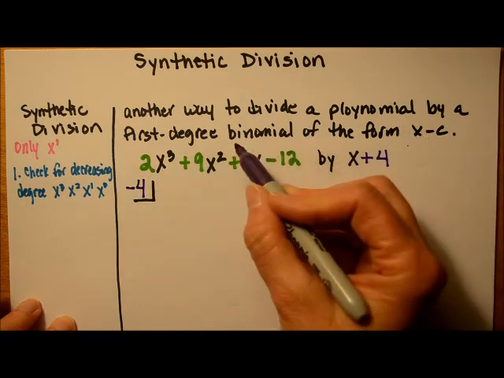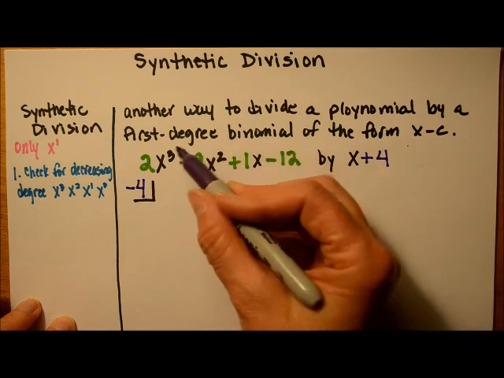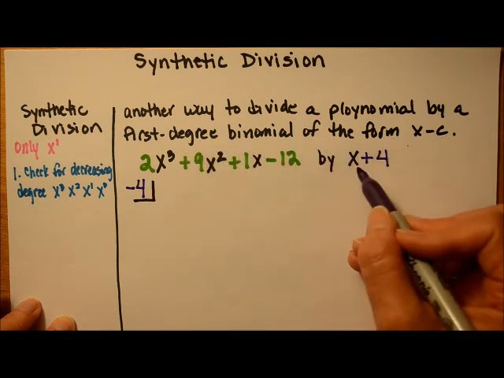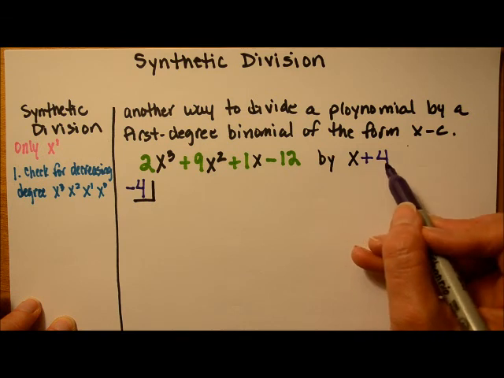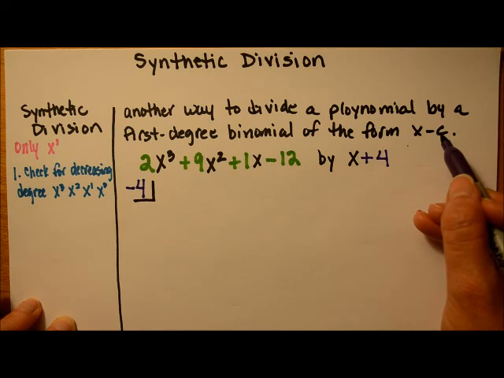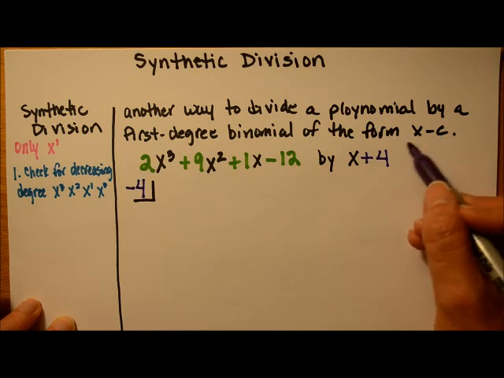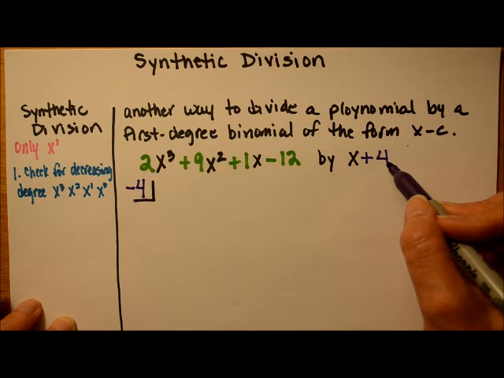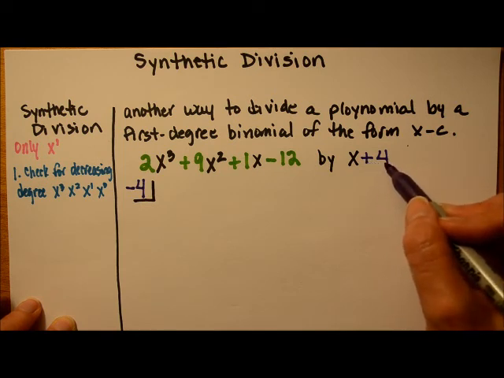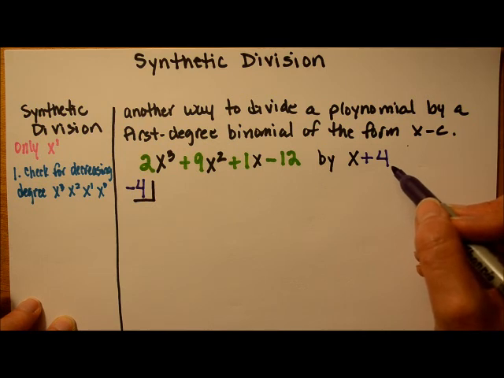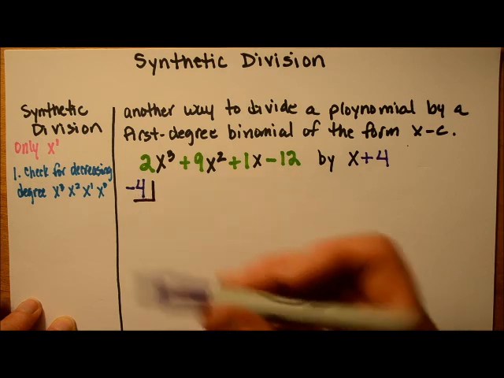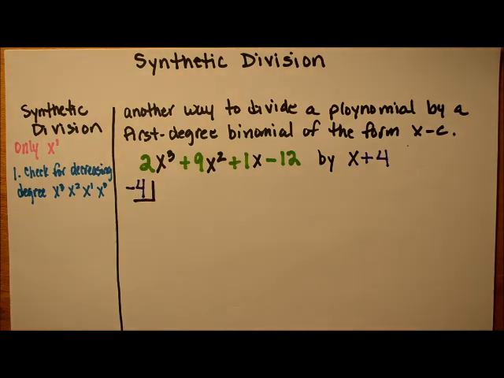It's opposite because we set up in our definition that it's a first degree binomial of the form x minus c. Well, you can see here I have x plus 4, but the form is x minus c. So I have to take the opposite of this. Minus a negative 4 would actually give me a positive 4. So I'm going to take the opposite sign here, and I have a minus 4 in my little box.